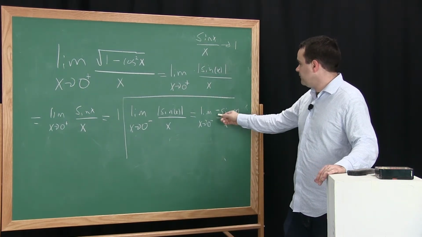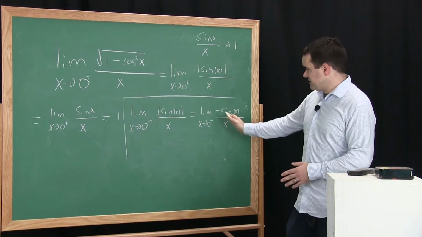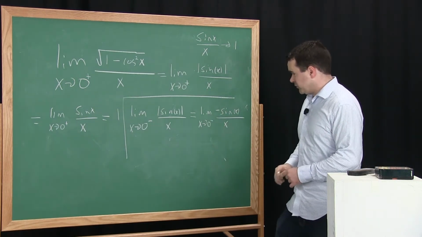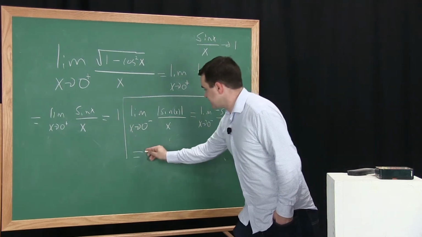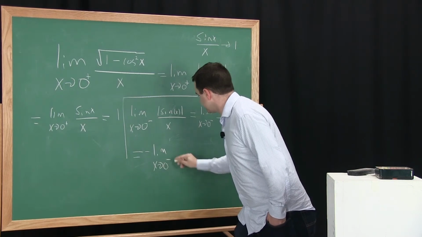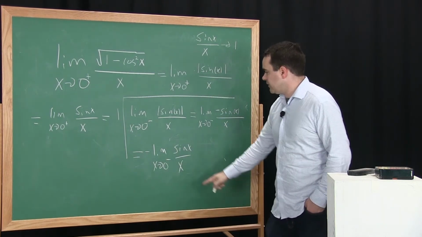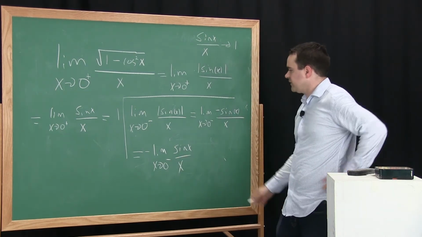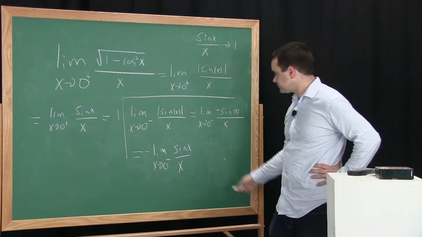Negative sine of x is the same thing, of course, as multiplying by negative 1. And then using the limit law, the constant multiple rule, you can pull out the negative sign. And so you end up with the negative of the limit as x goes to 0 from the left of sine x over x. And sine x over x tends towards 1.